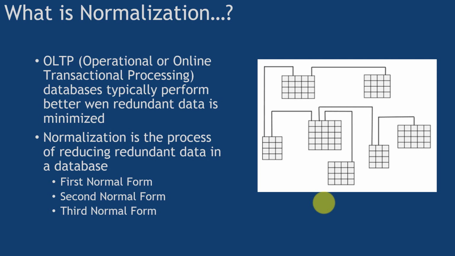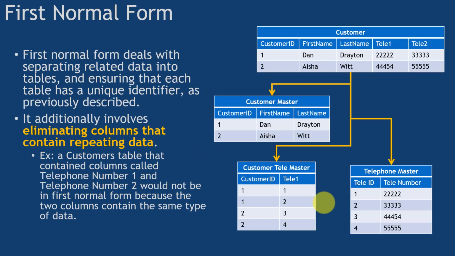So what is first normal form? The first normal form deals with separating related data into tables and ensuring that each table has a unique identifier, as previously described. It additionally involves, as the basic concept, eliminating columns that contain repeating data. Look at this structure on the right side.